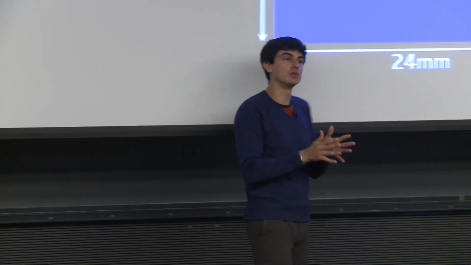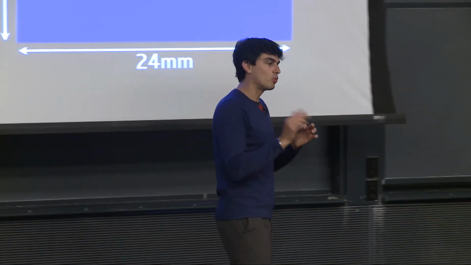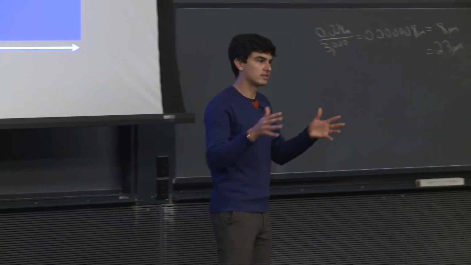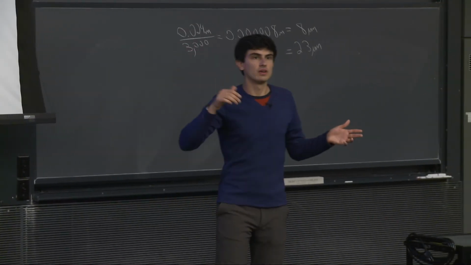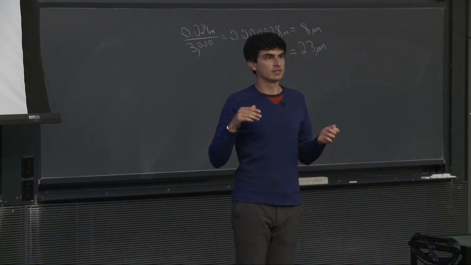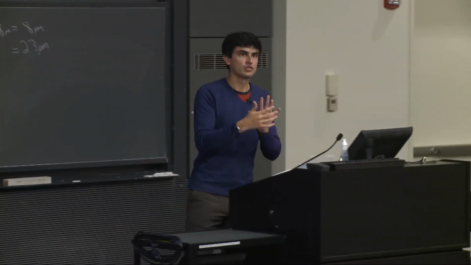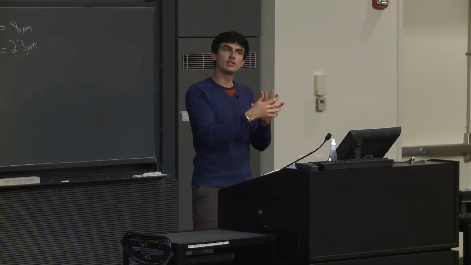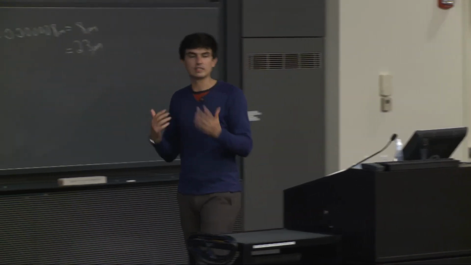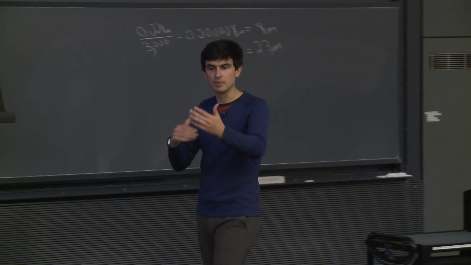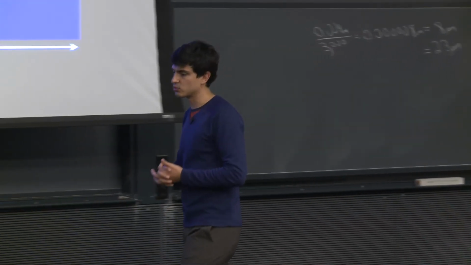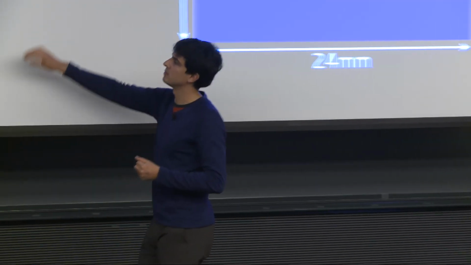That was certainly true. But what we lost in that case was the angle of view in the camera on the left. So now that we've shrunk the lens so that we can actually get the same field of view, we actually are collecting more light.